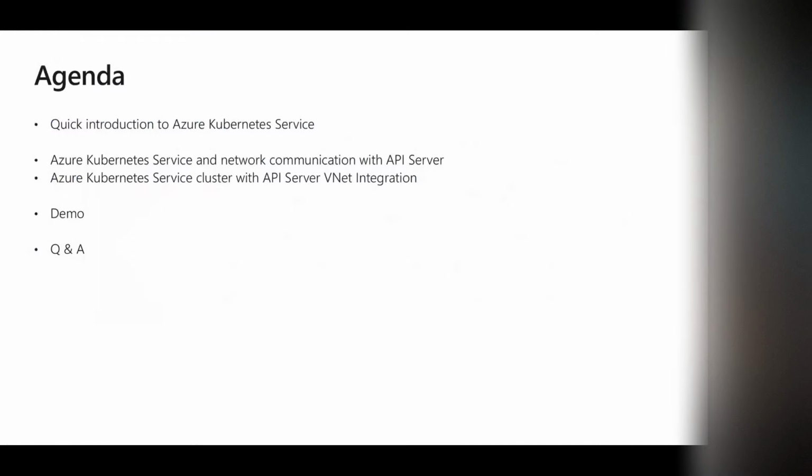As we always do, we are going to do a quick lap around to level set on the service itself, which is managed Kubernetes or Azure Kubernetes Service. We're going to go over what this feature is all about, what it brings to the table, and see a quick demo. And of course, please feel free to ask any questions.